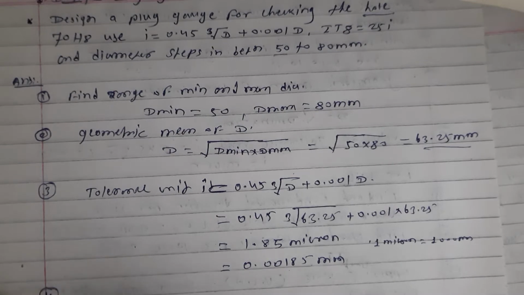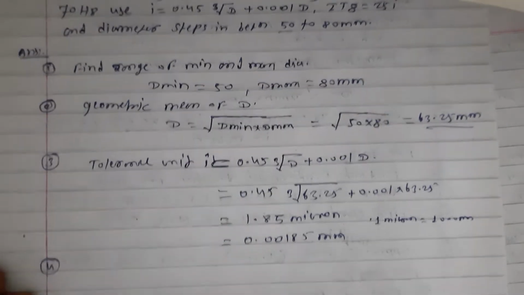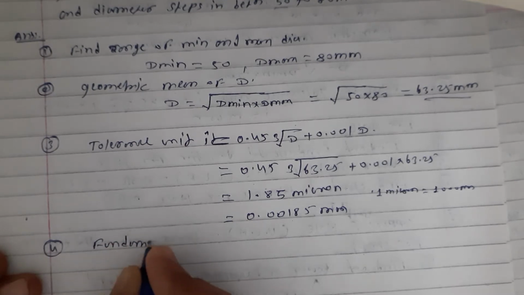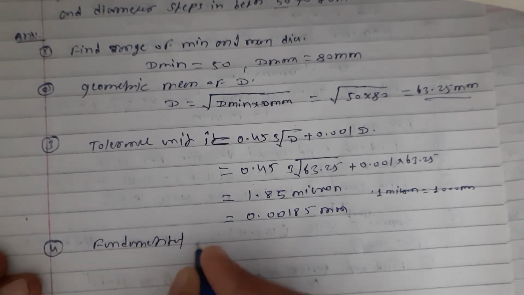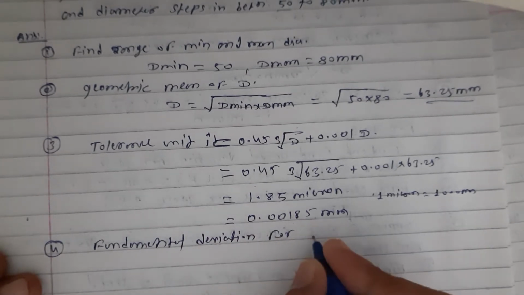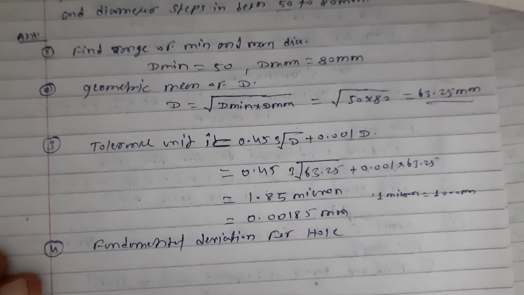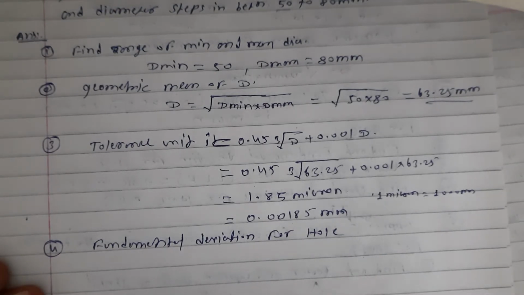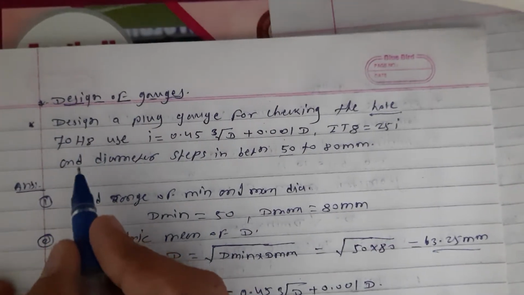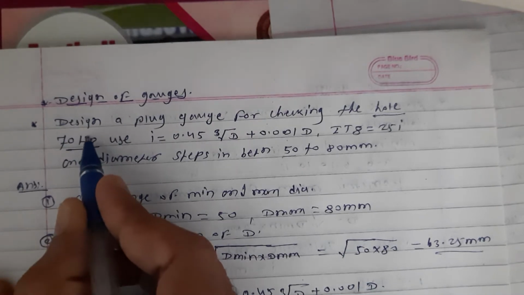Next step, we want to find out the upper limit and lower limit. Before going to that, you need to know the fundamental deviation for hole. What is the fundamental deviation for hole? They have given H. If you see the value here, 70 H is given.